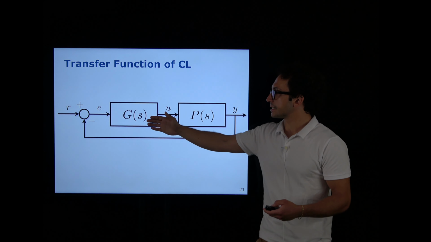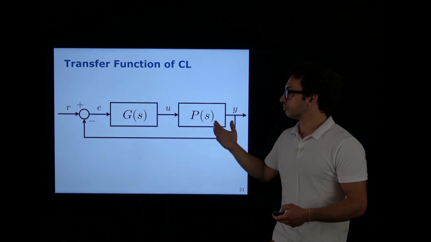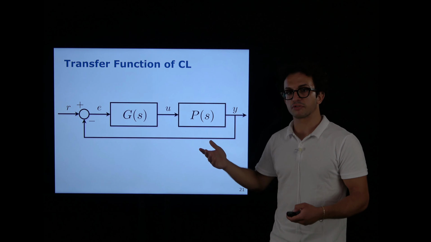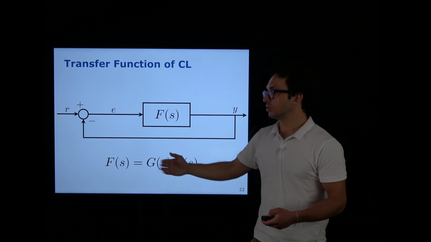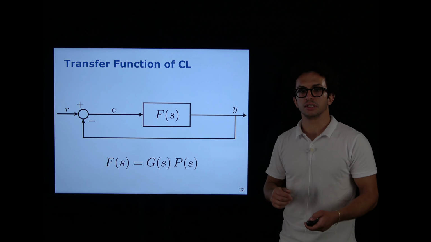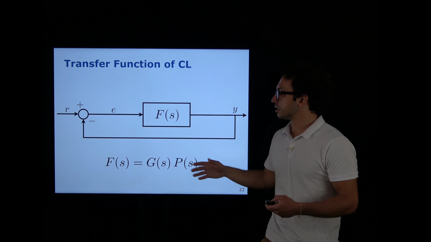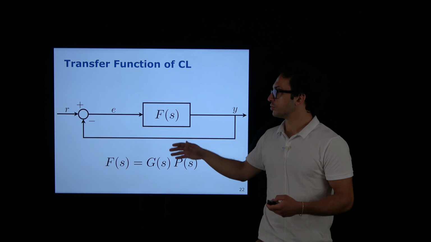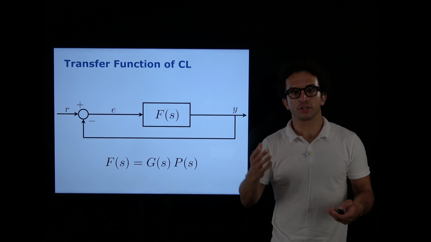As said, we have two transfer functions here, and they can be synthesized as a single transfer function, which is the product of the two. We have G, which is the controller, and P, which is the process that we're trying to control, and the product of those becomes F. F is our transfer function.